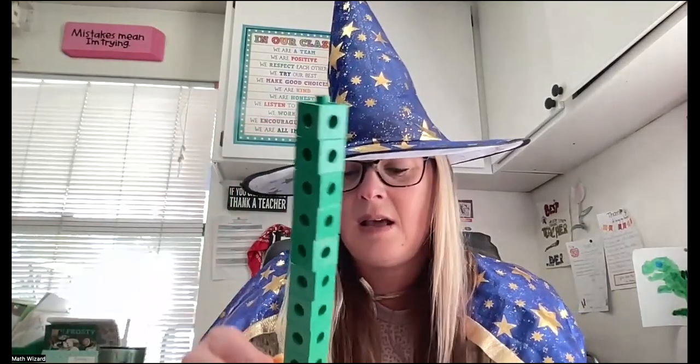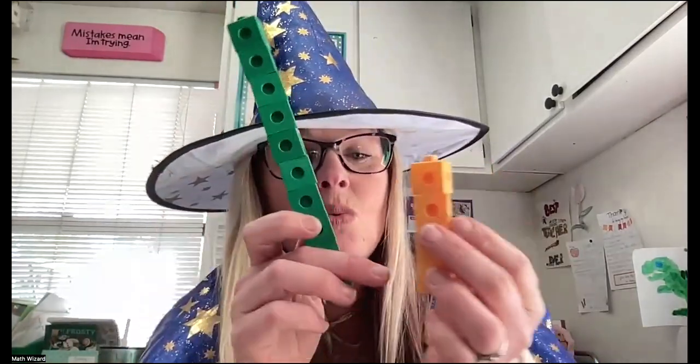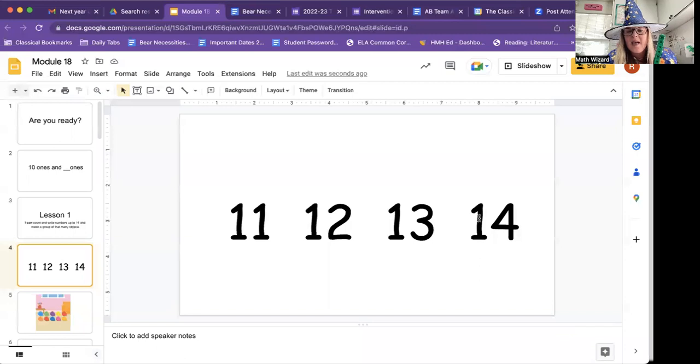So we have 10 right here, 10 and 1, 2, 3, 4. 10 and 4 is, well, let's see, 10, 11, 12, 13, 14. 14, right? So 10 ones and 4 ones. So when we look at the number that's written right here, this 1 represents the 10 stick, and the 4 represents the extra ones. Okay, so that's what that is.